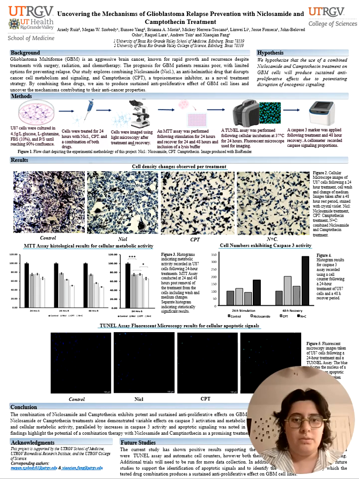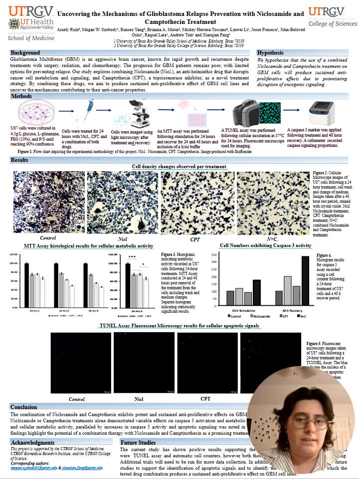In our results, we can see first our observations using light microscopy in the first image towards the left. We can see that we have control, niclosamide, CPT, and the combination in that order going to the right.